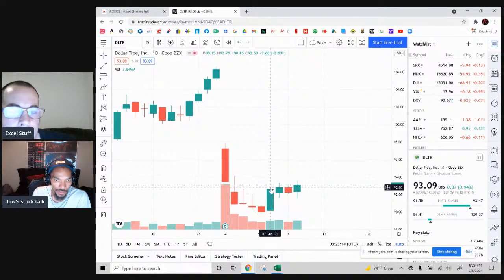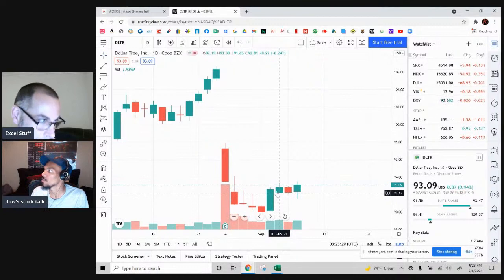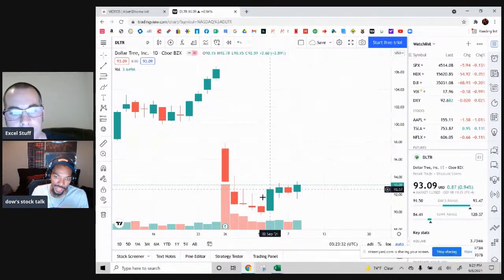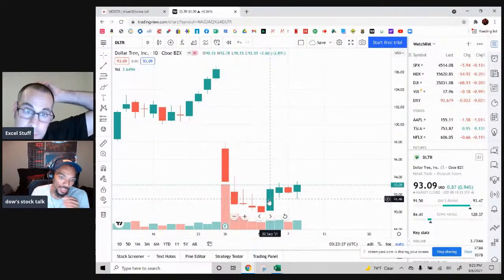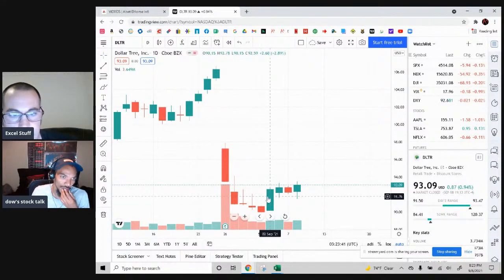But it peaked at one point. It peaked probably in the middle of the day at 92.78. So like maybe a half hour before closing, and then it closed at 92. And if you wanted to be more specific, you can change it to the hour or the minute, so you can get a better indication of when it actually happened.